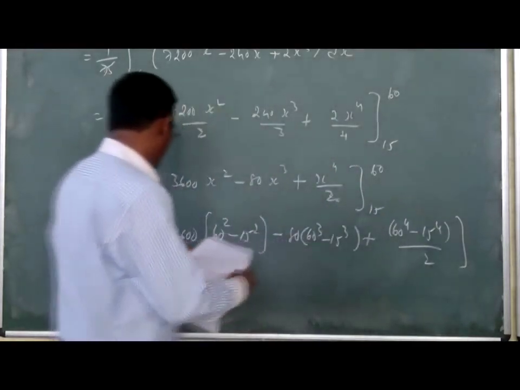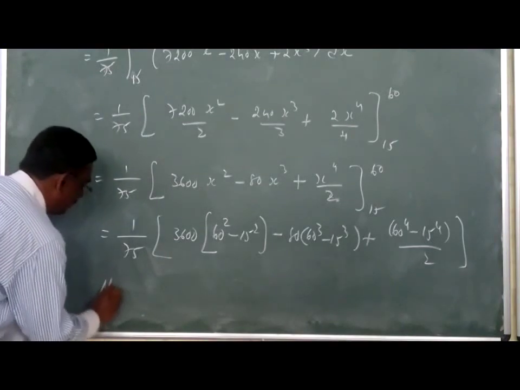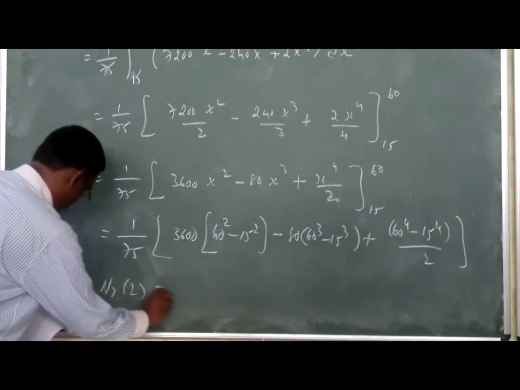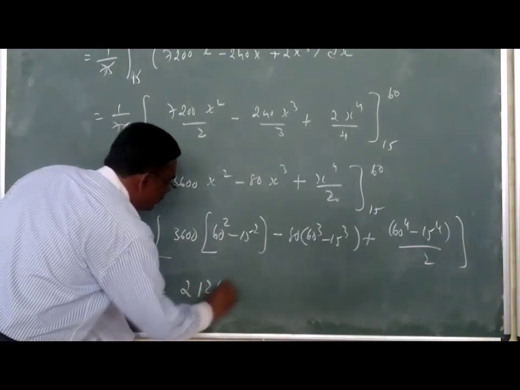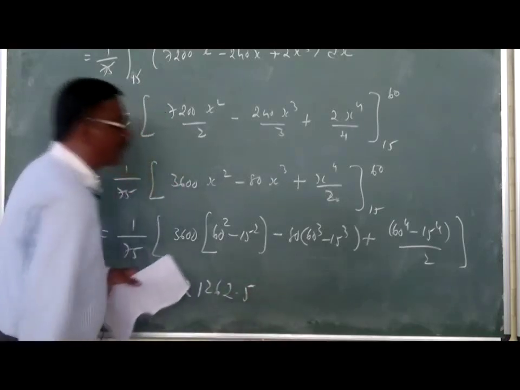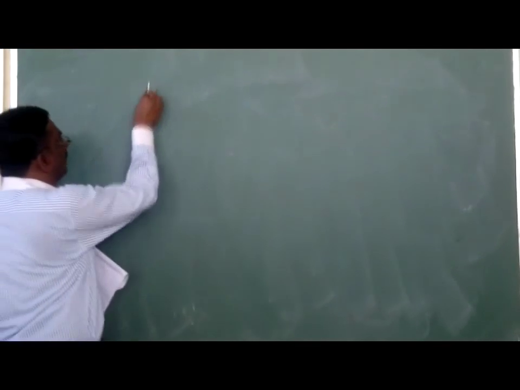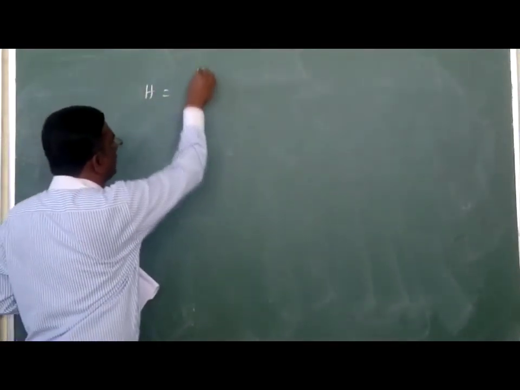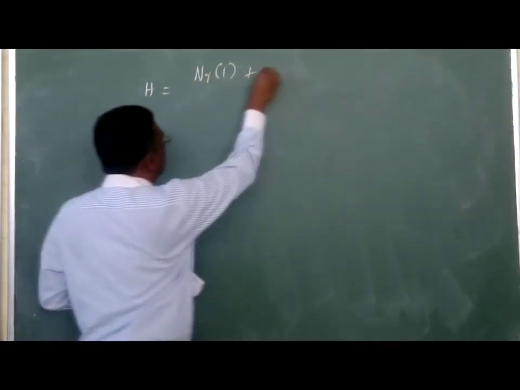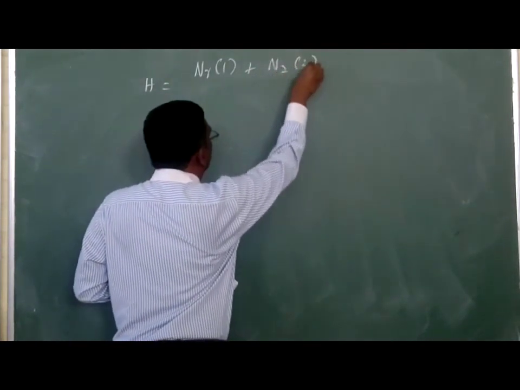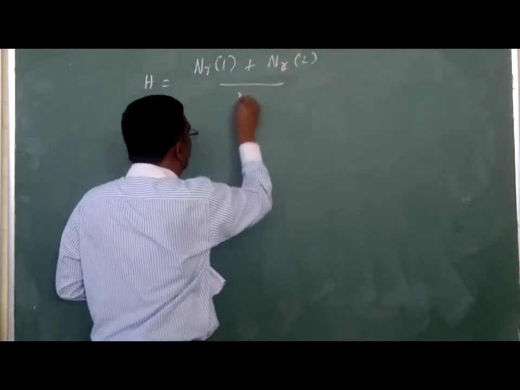On simplifying this equation, we will be getting the value of numerator 2 as 21262.5. Going back to the earlier equation, horizontal thrust is numerator 1 plus numerator 2 divided by the denominator.